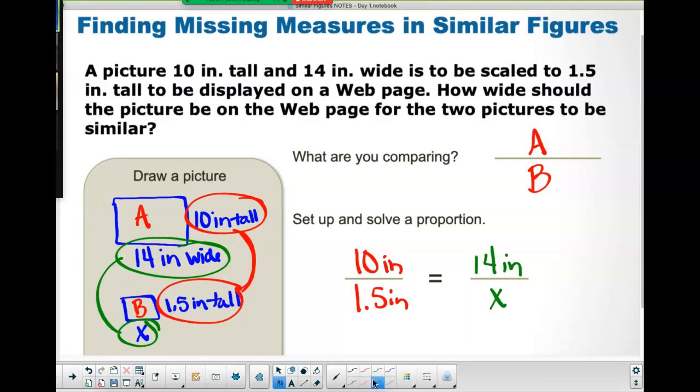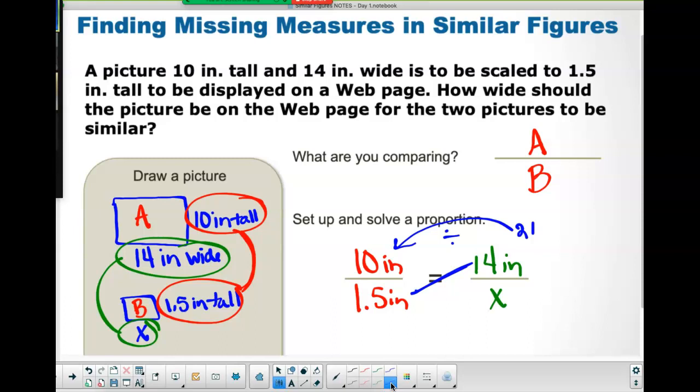Once you have that set up, now let's just solve it. Grab your calculator, solve the proportion. Remember, when we're solving a proportion, you multiply the two numbers on the diagonal, so 1.5 times 14, which is 21, and then divide by 10.